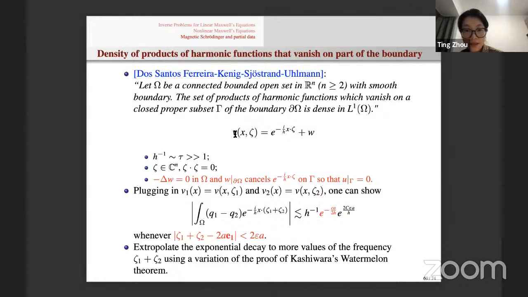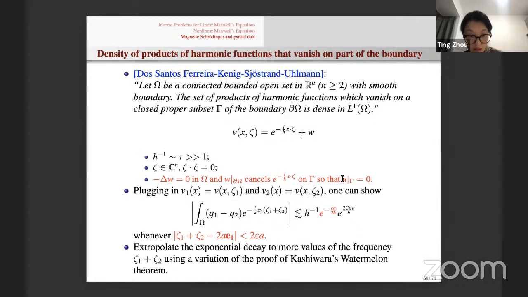So they constructed such harmonic functions to be similar to the residual solution, the leading term of the residual solution, plus a remainder W here. But this remainder is not a residual remainder. This comes completely from the Laplace equation, and tries to cancel the exponential here on the boundary so that the whole solution is supported on gamma on the boundary.